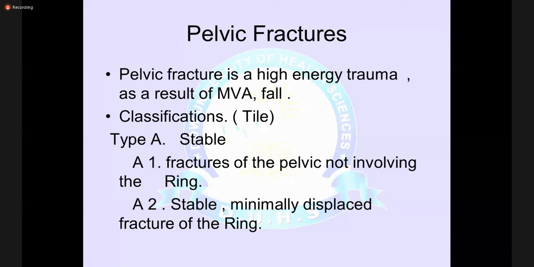Tile classified the pelvic fractures; the stable one is where the fracture of the pelvis is not involving the ring of the pelvis, that is A1. In A2, there is a minimally displaced fracture of the pelvic ring, but no instability on physiological weight bearing. In the unstable type, there is a fracture of the pelvic ring and displacement on physiological weight bearing, which I am going to show in the subsequent slides.